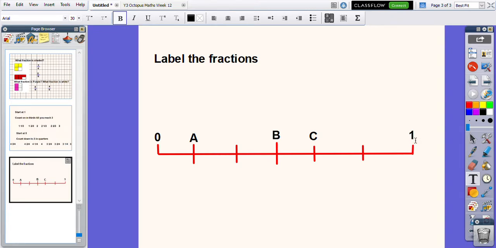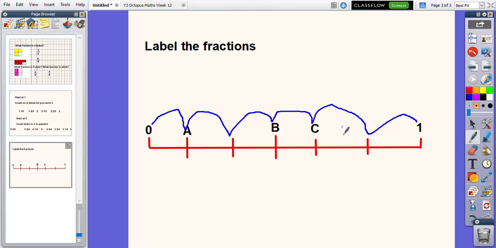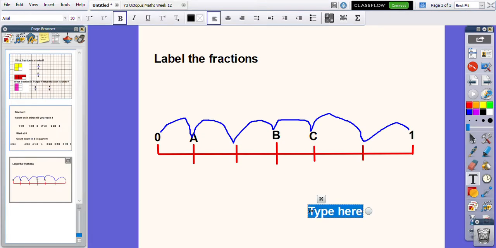Let's try that. So we've got 1, 2, and draw this on. 1, 2, 3, 4, 5, 6. Okay, so we've got 6 jumps to reach 1. So our denominator is 6.